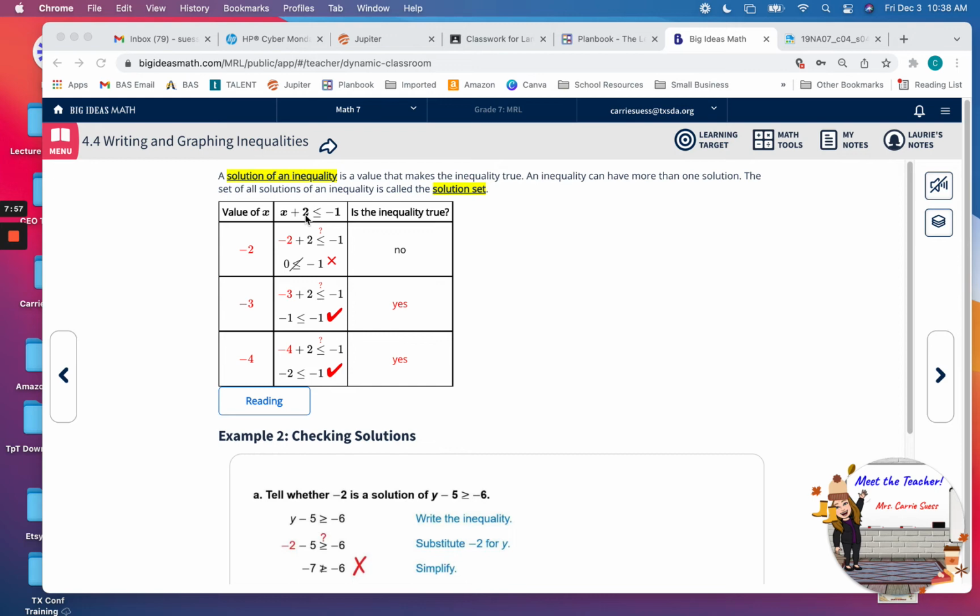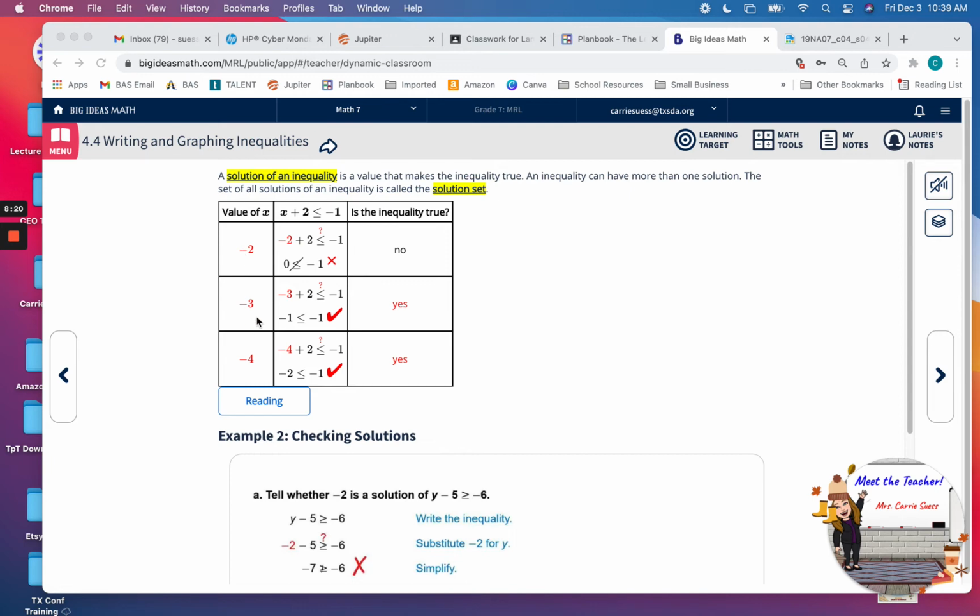Negative 2 plus 2 is 0. Thank you. So it's 0. Is 0 less than or equal to negative 1? It's greater than, because negative 1 is smaller than 0. So this one is no when I plug in negative 2.